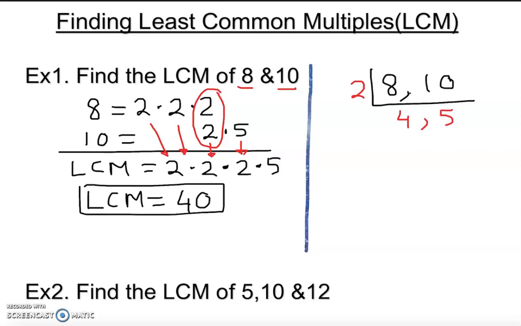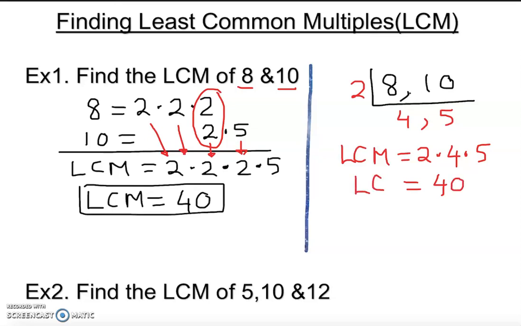Now look, there is no number other than 1 that is common between 5 and 4. So we are done. What do you do? LCM equals 2 times 4 times 5. 2 times 4 is 8, times 5 is 40, and it's less work.